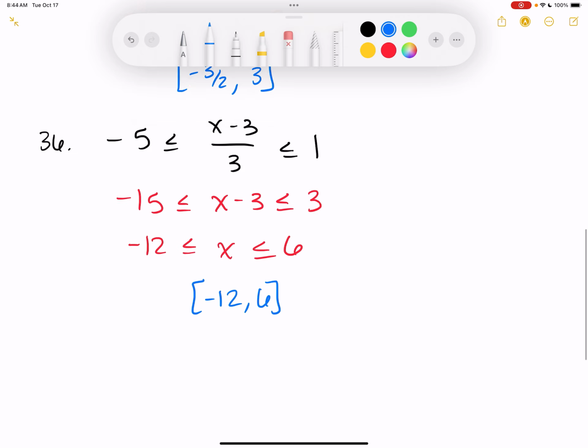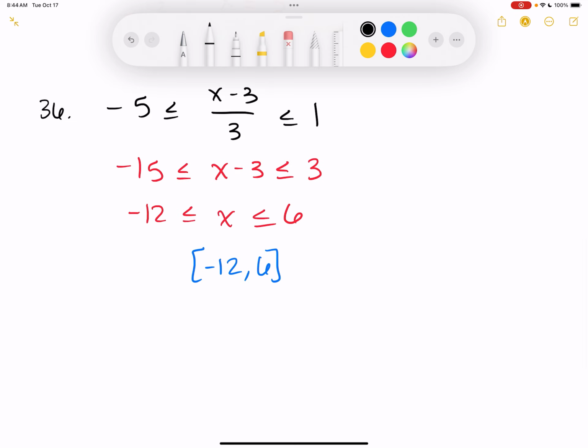Okay, let's see. So these next ones are quadratic inequalities. So basically they're quadratic equations that are set as greater than or equal to or greater than whatever, less than some number. So something like number 40, we've got x squared minus 7x plus 10 is greater than 0.